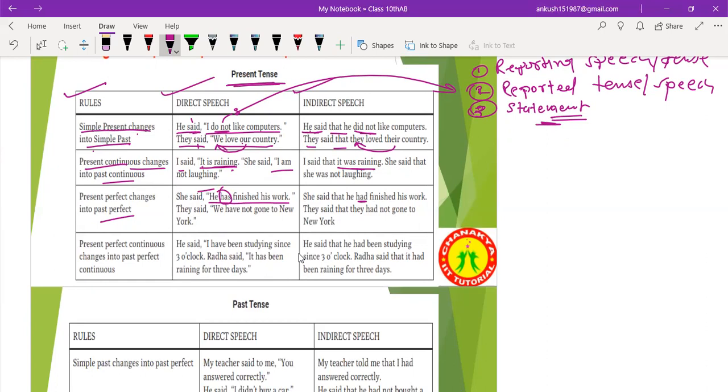After that, you need to change the present perfect helping verb into the past perfect helping verb. So have or has would become had, as these are used for present and this is used for past.